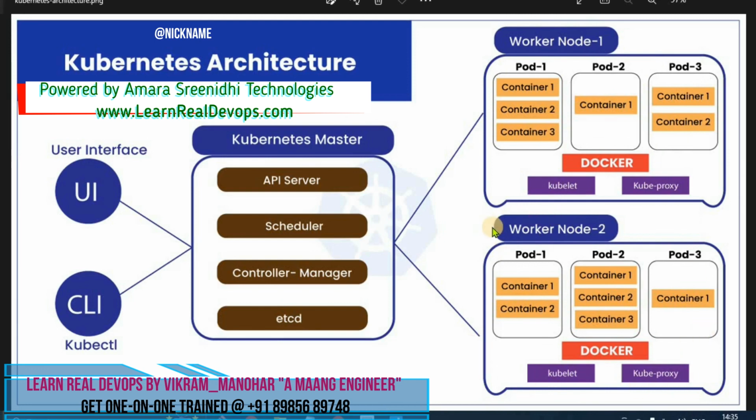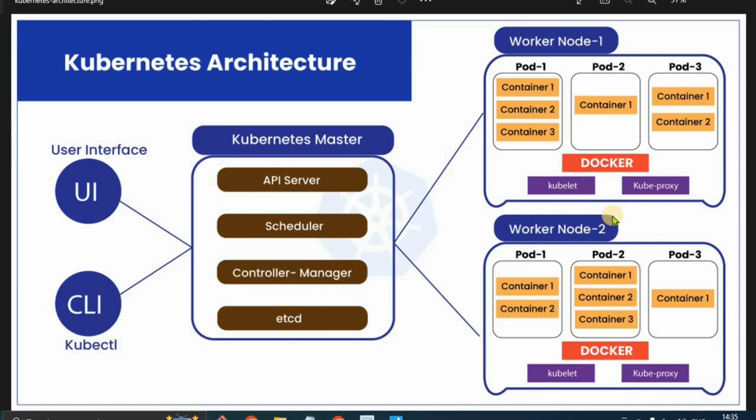That 4 GB can be either RAM or CPU, or a combination. Based on availability, if worker node 2 has the capacity of 4 GB available, then in this worker node 2, the pod will get created, and in the pod the containers will be made available. And last but not least, you cannot have a setup where the pod is on one machine and the container is in another machine. That is never possible.